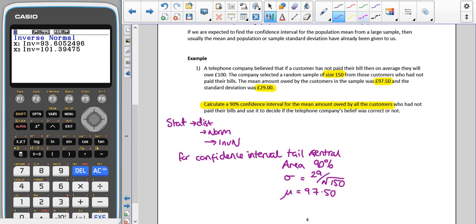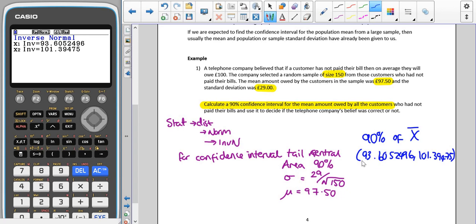Now what this actually means, what these numbers here actually mean, is that 90% of the means of the samples that we take, which we can call capital X bar, are going to be between 93.605249 and 101.39475.